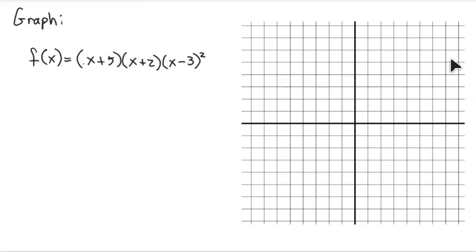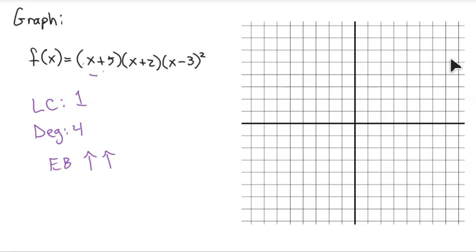Therefore, this has a degree of 4. It also has a lead coefficient of positive 1, because we have positive 1, positive 1, positive 1, and in front is a positive 1. Therefore, the end behavior is going to be up on the left and up on the right.